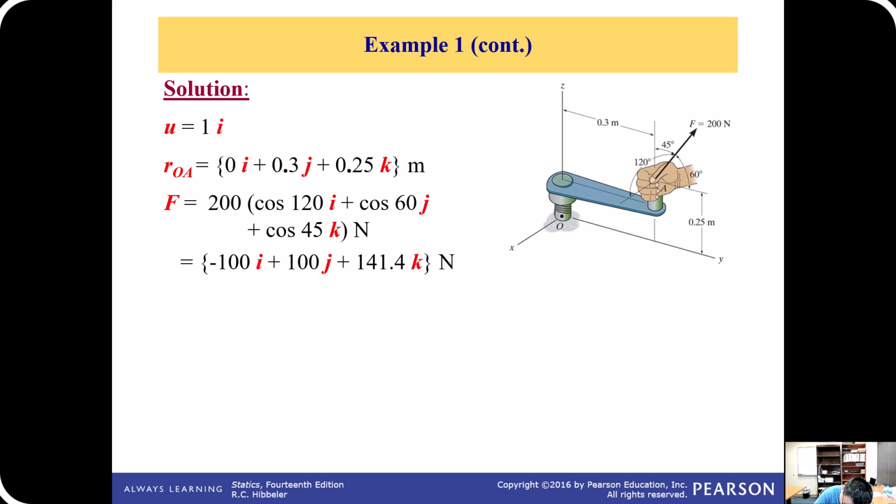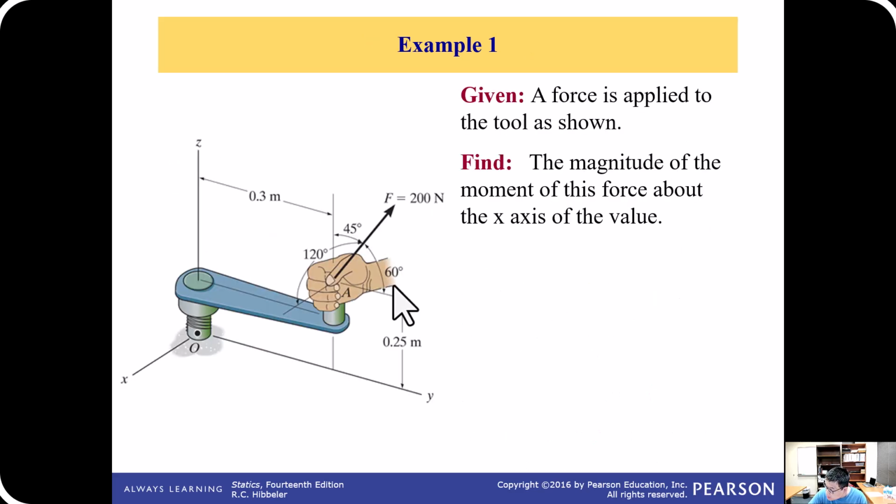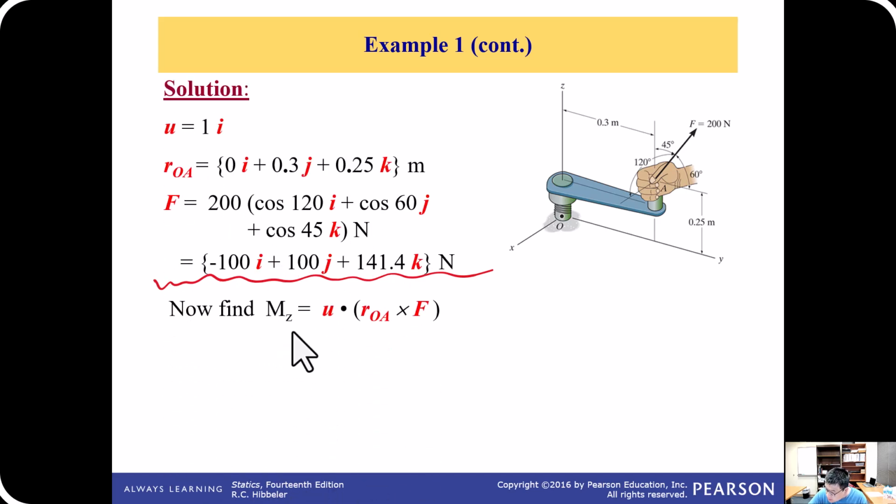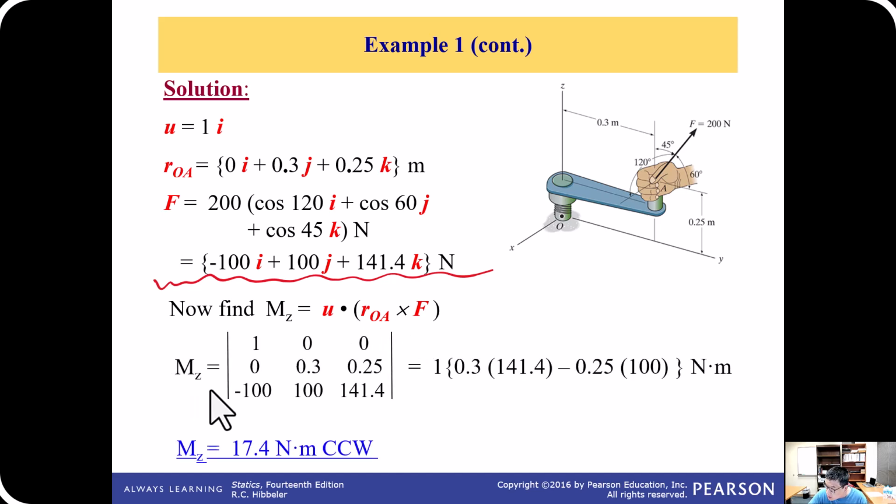So here is the answer for F. And then you can use the equation Mx equals u dot rOA cross F, which will be this determinant. After you solve this determinant, you find Mx equals 17.5 Newton meter in the counterclockwise direction.